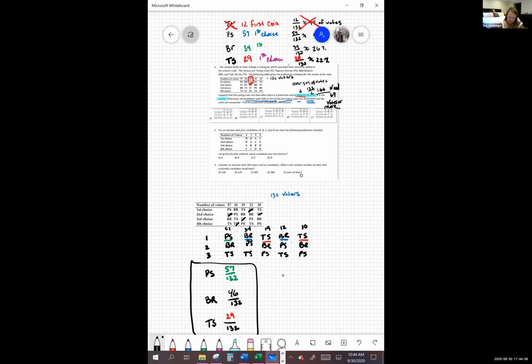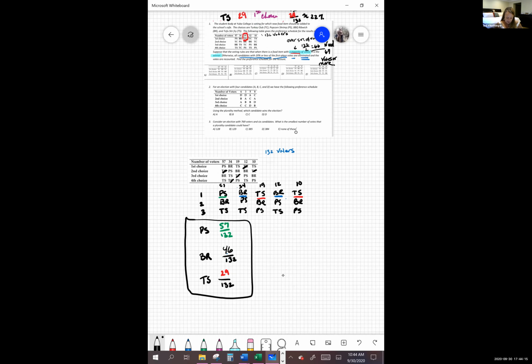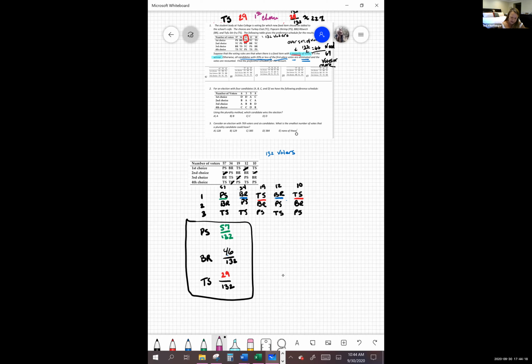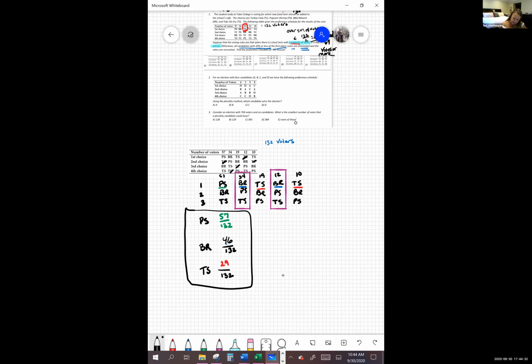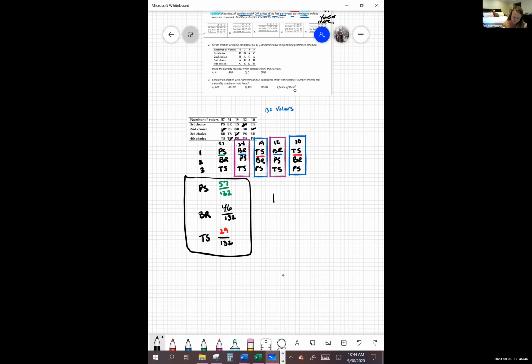The other thing is, notice that there's some of these that are the same exact column. So notice here that BR, PS, TS in that order is also here. And then notice also that this column in here is equal to this column in here. So we now are going to have just 3 columns. So we got our first choice. There's 57 again, and this never changed. Popcorn shrimp.